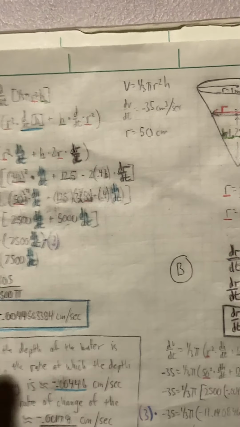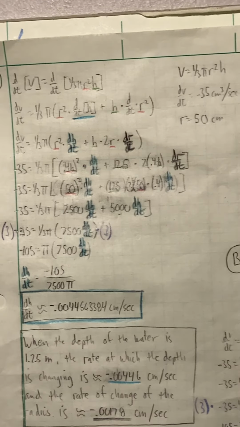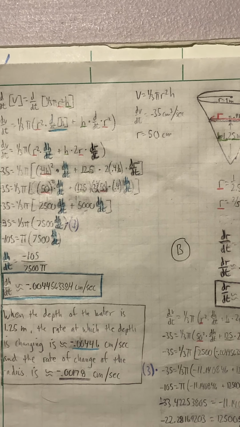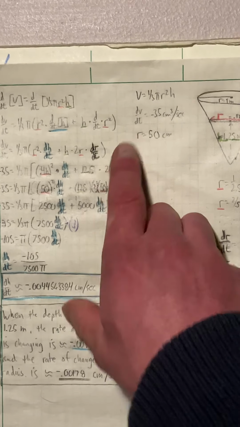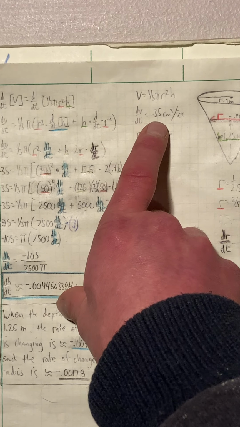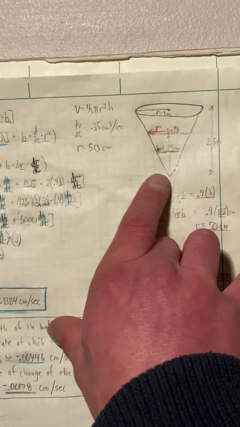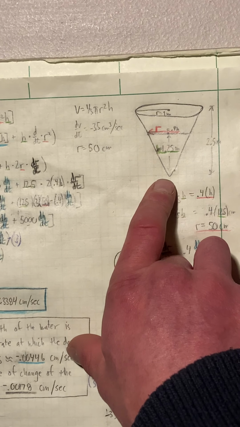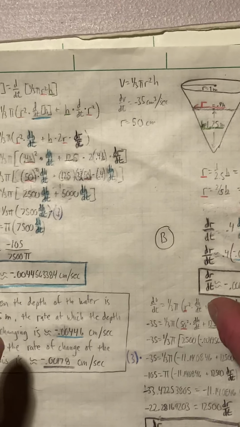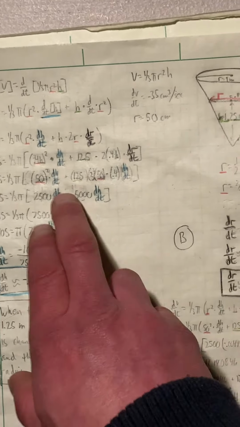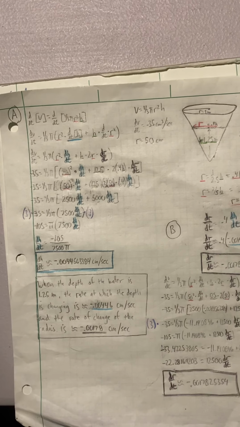We know that the rate of change of the volume of water in the cone right now is negative 35 cubic centimeters per second. It's negative because it's losing water, it's leaking. So we set that value equal to our equation.